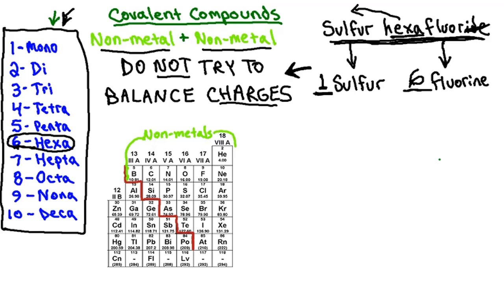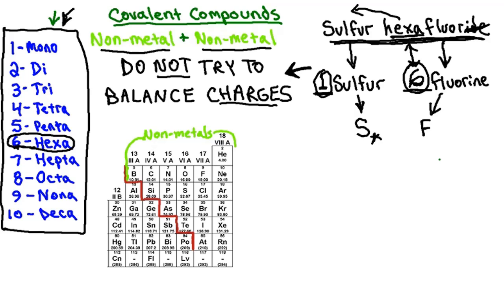So now we just take these numbers and put them as subscripts after the element's abbreviation. The abbreviation on the periodic table for sulfur is S. Since there is just one sulfur, you could put the 1 down here, but you don't really need to because that's implied. Now the next word is fluorine, and that is an F, and there are 6 of them because of that hexa prefix.